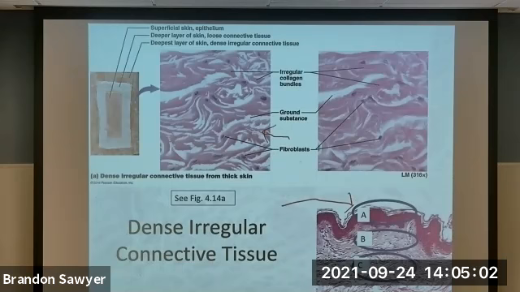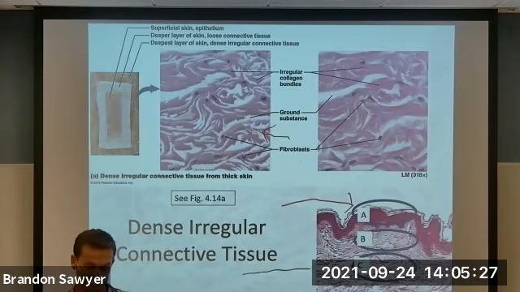So we've got that on top. Then B is that layer that always goes underneath epithelial tissue. What kind of connective tissue is that? Areolar. And we call that the papillary layer of the skin. You'll see that on the slides for Monday, don't worry.